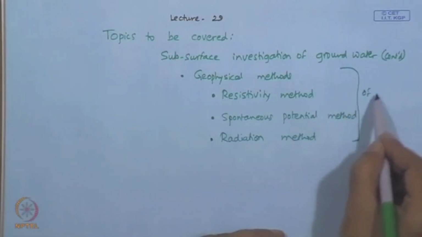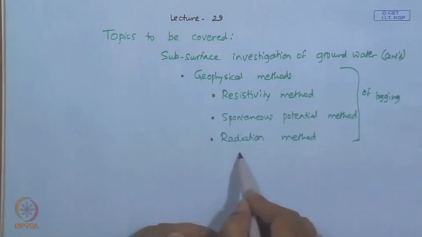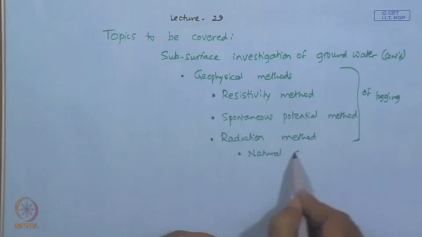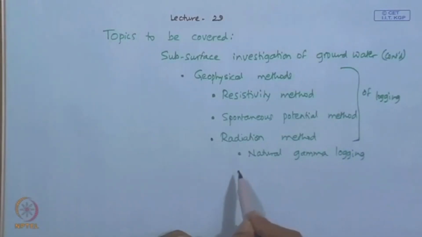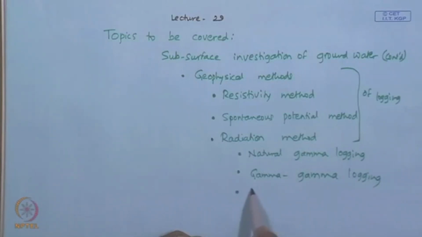So, these are all the methods of logging, and under the radiation method, there is natural gamma logging, then gamma logging, then neutron logging.